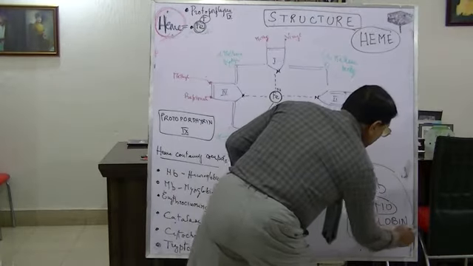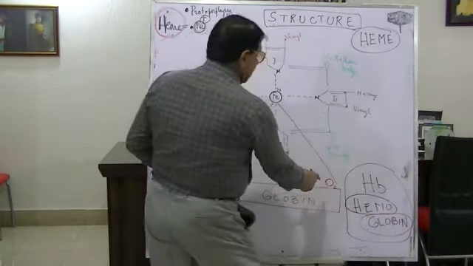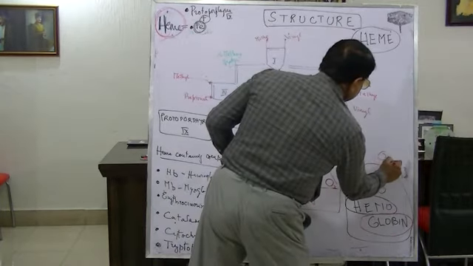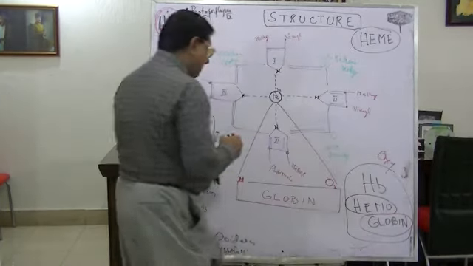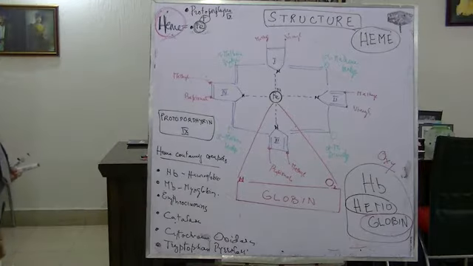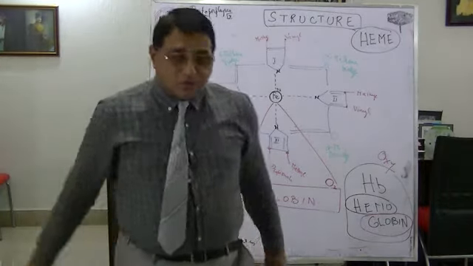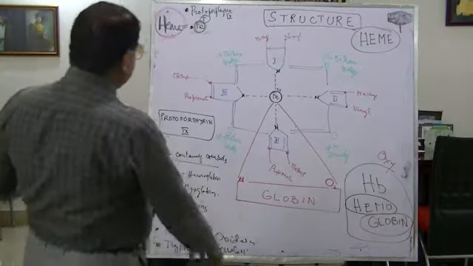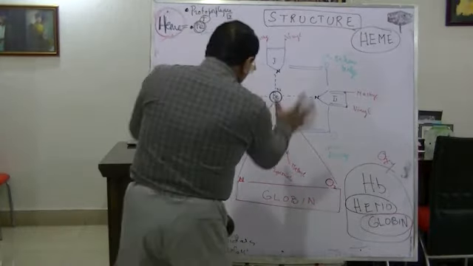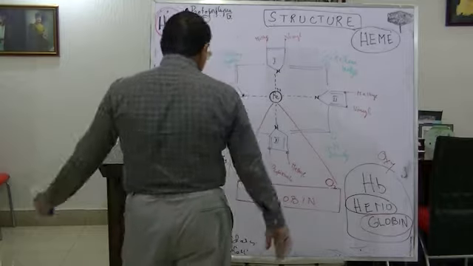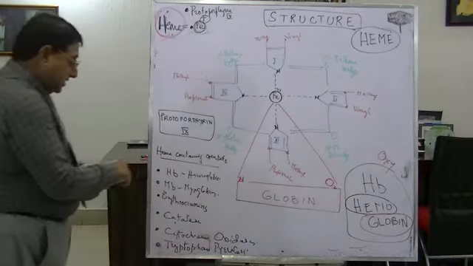This is hemoglobin, and because it takes oxygen as well, it is called oxyhemoglobin. But this is a monomer. The real hemoglobin molecule is 4 such structures drawn together, which I am going to show you just now.